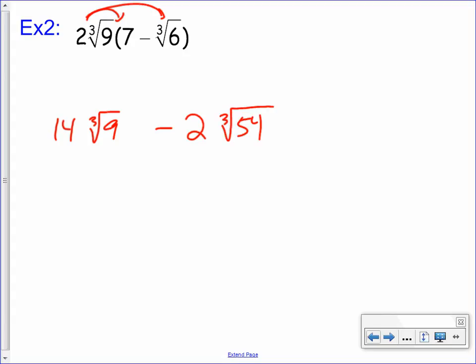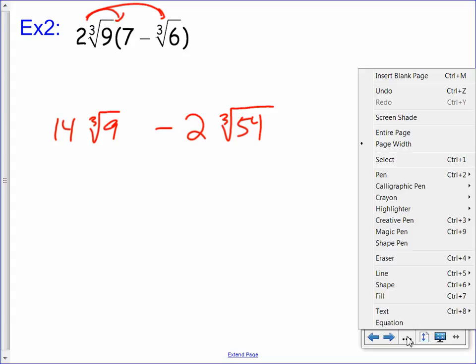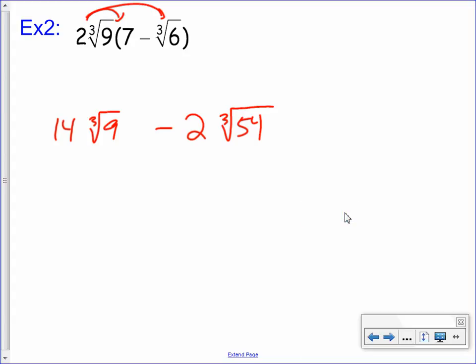Then you ask yourself, can any of those be simplified? Now, what do you do with the 2 after you simplify it? You multiply, right? So just don't forget you have to multiply that 2. So this is 14 cube roots of 9 minus 2. It helps if you put parentheses on the outside. Cube roots of 54.